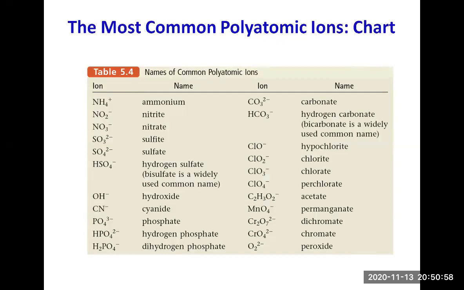So that's the table of the list of polyatomic ions, and that's just the common ones. And notice how most of these ions are oxyanions, which means they are made of oxygen bonded to another nonmetal, like the nitrate, sulfate, phosphate, carbonate, the chlorate, acetate, permanganate, dichromate, chromate, etc. The only exceptions are maybe the ammonium, the hydroxide.